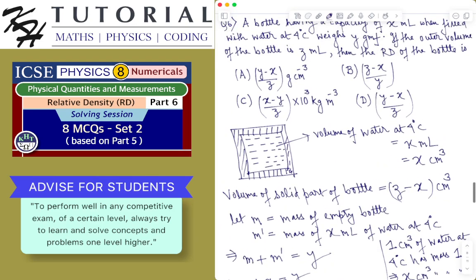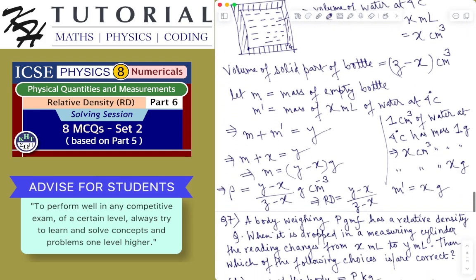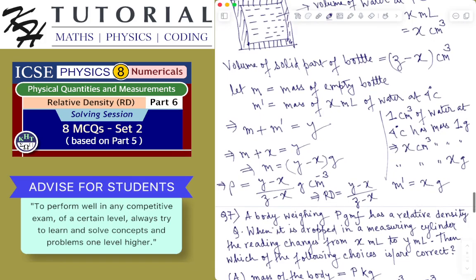Now remember that the relative density is a dimensionless quantity. It has no unit. So by seeing the choices, you can right away say that choice A and C cannot be correct because they are mentioning some unit. So the relative density of the bottle will be y minus x divided by z minus x.